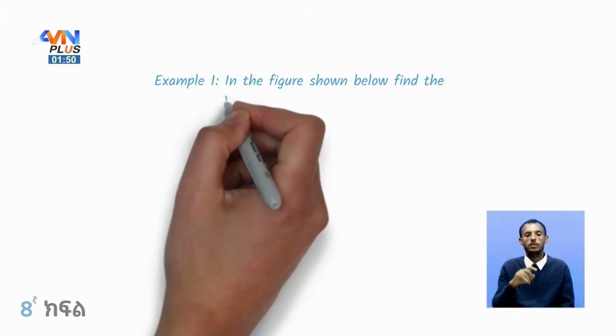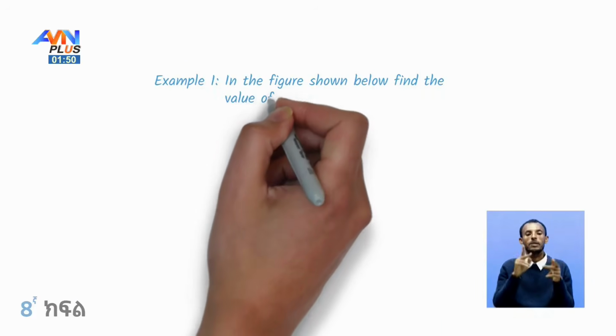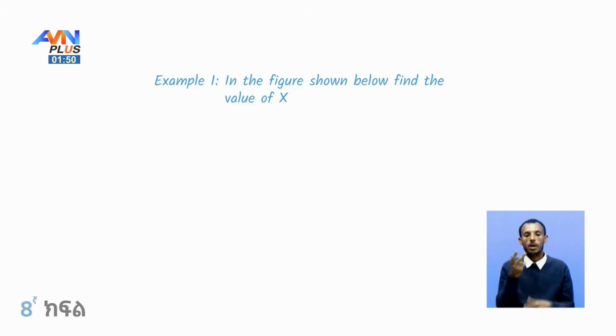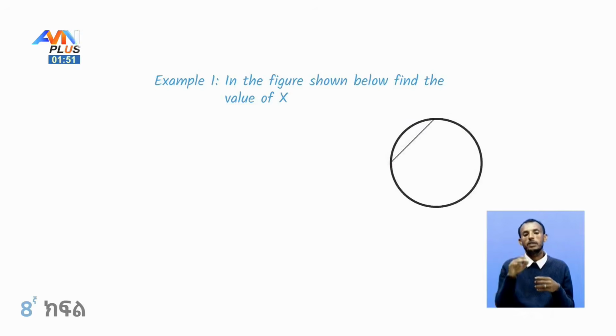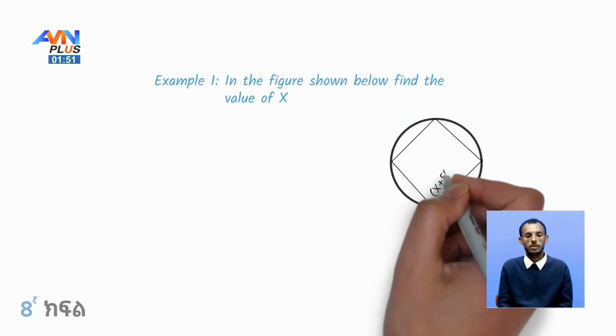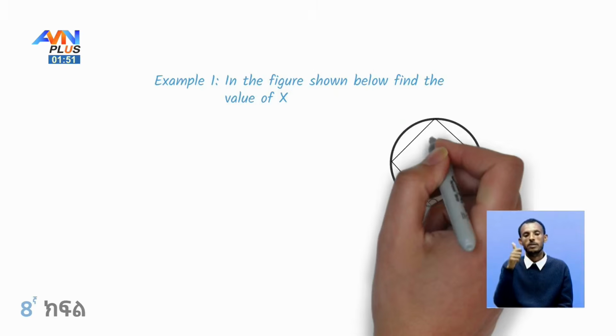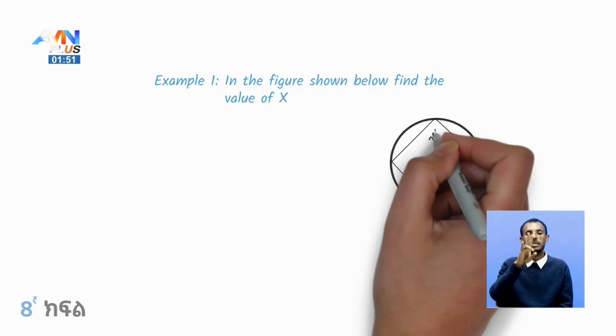The figure has a certain circle and a cyclic quadrilateral with certain degree measures. Say this is our cyclic quadrilateral. Assume this angle is x plus 50 and this is 70 degrees.